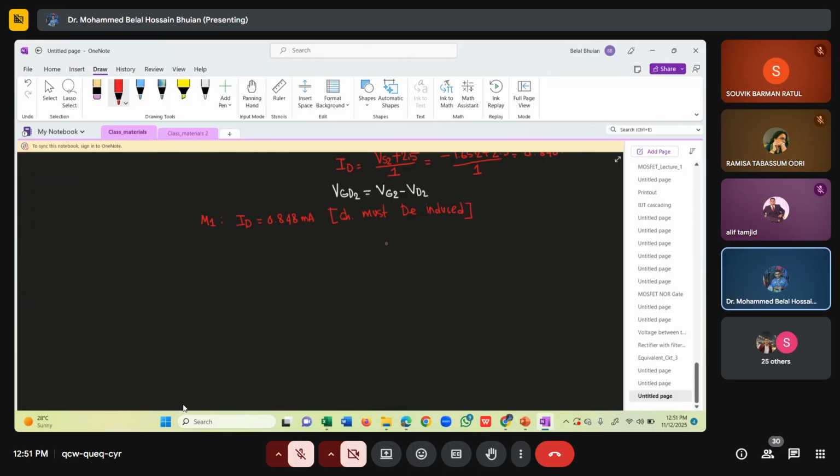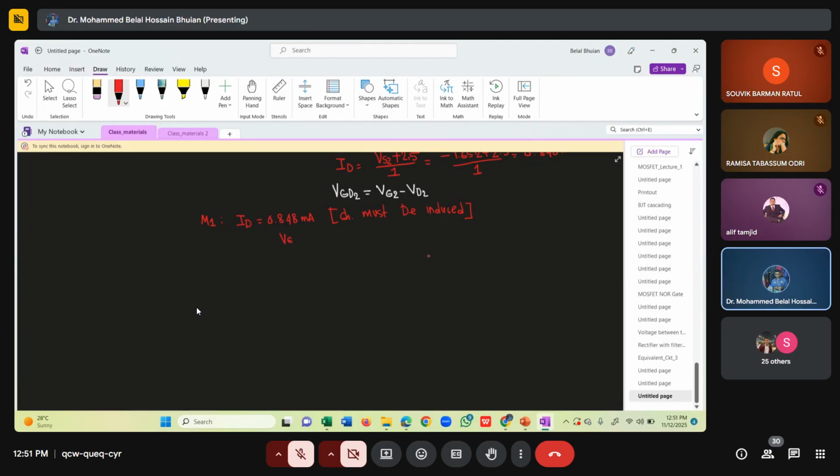There is no confusion about the channel being induced or not. Next, we have to do VGD1 to check if the MOSFET is operating in triode or in saturation.